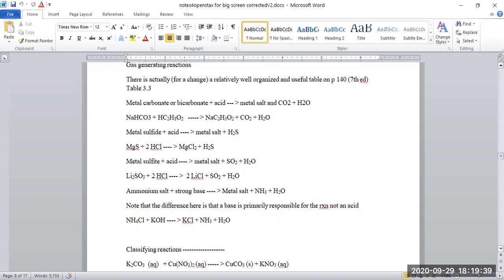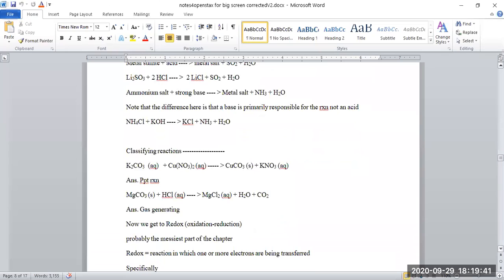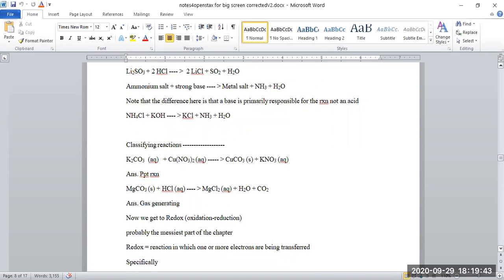All right, let me skim down to a couple more examples here. Sometimes just knowing what category a reaction is can be really helpful information. K2CO3, note it's aqueous. Copper nitrate, also aqueous.